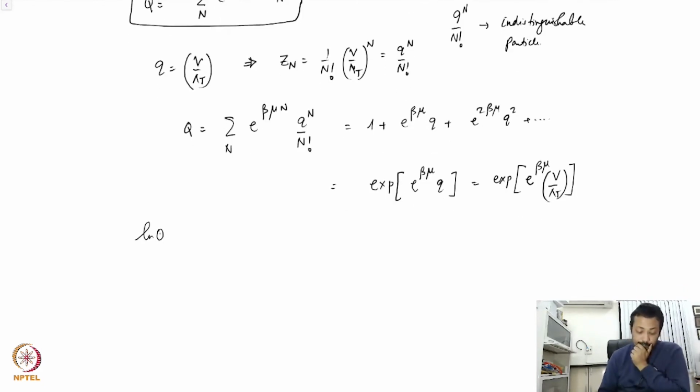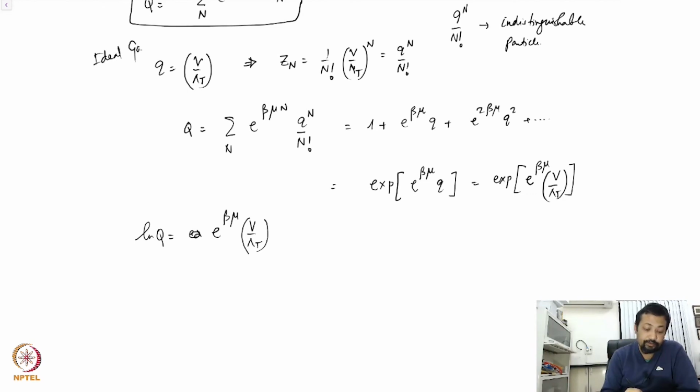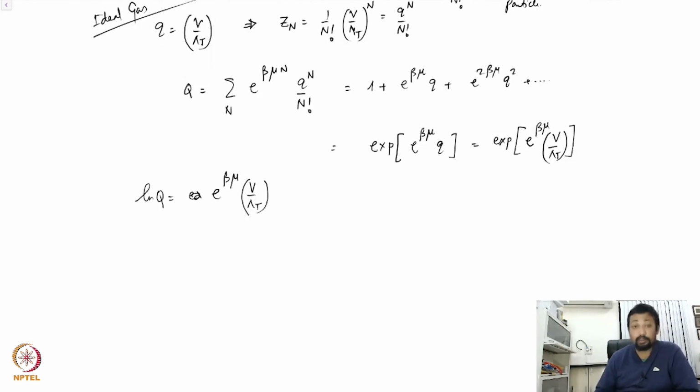So ln Q is going to be e to the power beta mu V over lambda t, right? So this is the case for an ideal gas in the grand canonical formalism, right? Good.